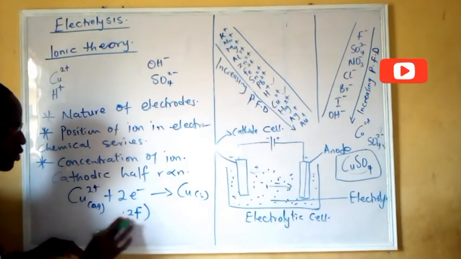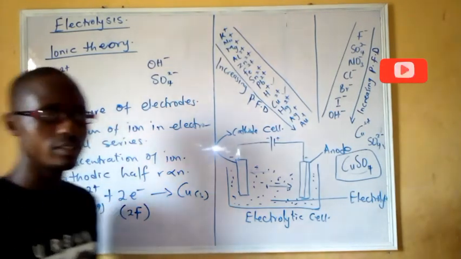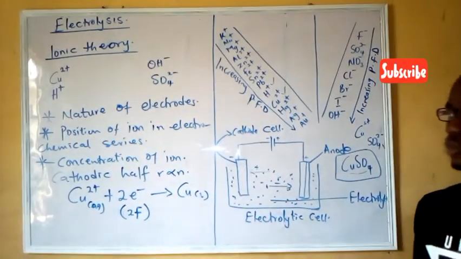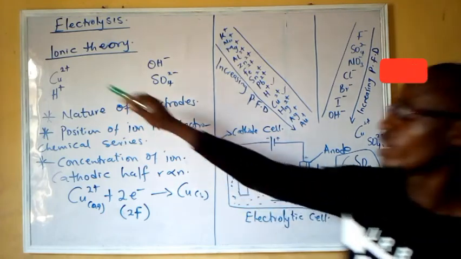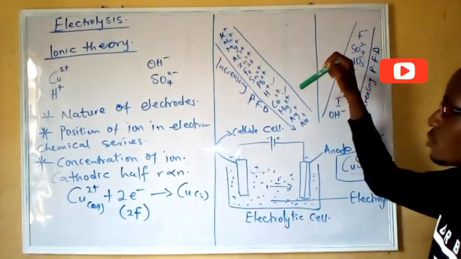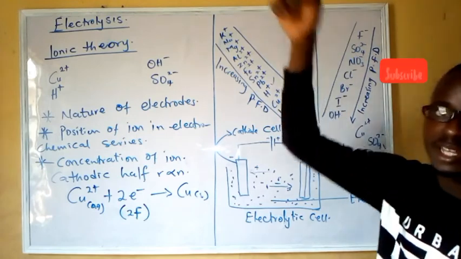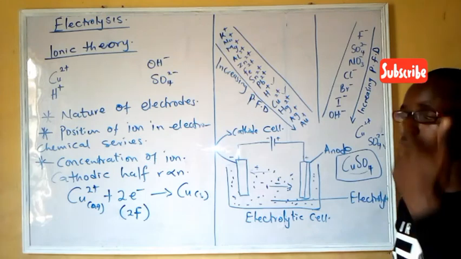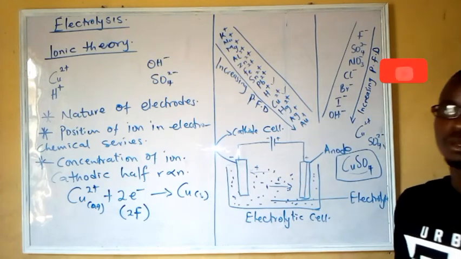That is what happens at the cathode. The reason why copper is discharged first is that its position is lower in the electrochemical series compared to hydrogen, which is higher than it. So ions that are lower in the series will discharge preferably.